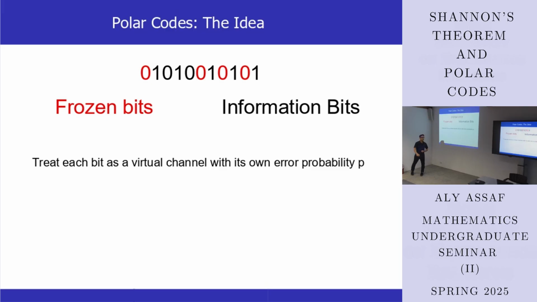And the reason for this is because each bit is treated as its own binary symmetric channel, right? This one has a very high probability of error. These 4 here have a very low probability of error, so they're much more reliable. And this might seem confusing, like how can this message have different probabilities for each bit? And that's what we're going to explain now.